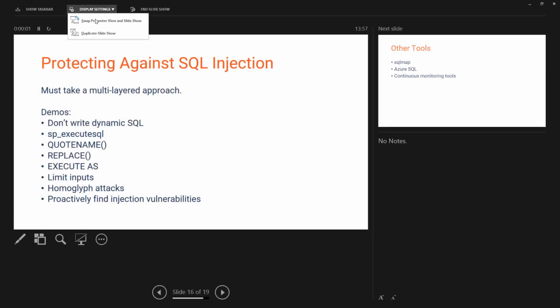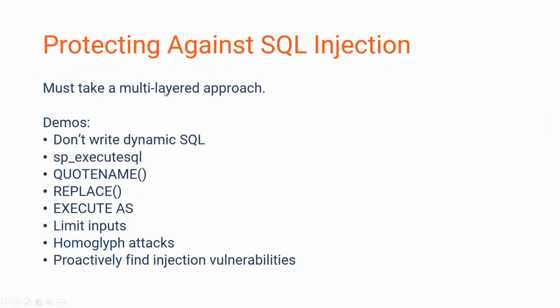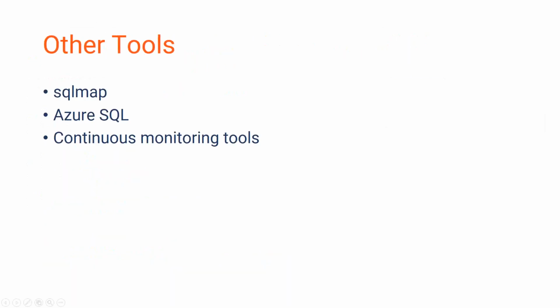So with that said, we'll just wrap up with the presentation here. Oh, and this keeps on swapping screens. There we go. So other tools exist, like I mentioned, SQL Map, not only used by hackers, but you can use it for yourself to test vulnerabilities against your server. More and more products are also adding protection. Azure SQL, I've only played around with it in development environments, but there's now a nice little slider that you turn on, and it will supposedly protect against all SQL injection attacks.